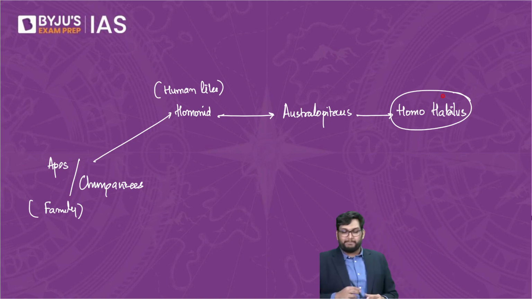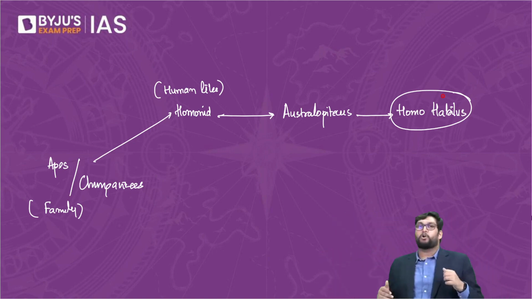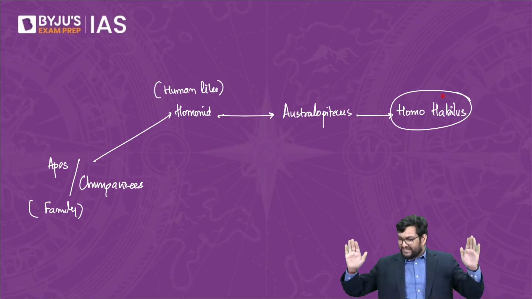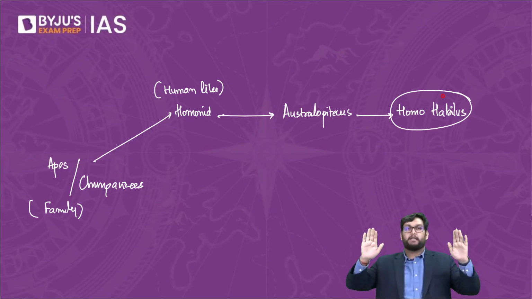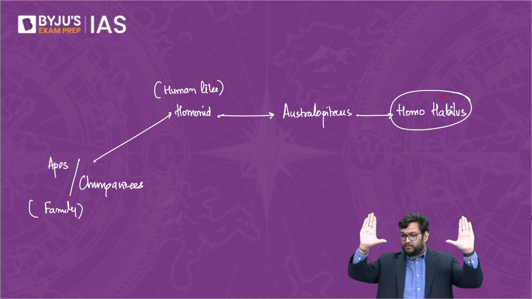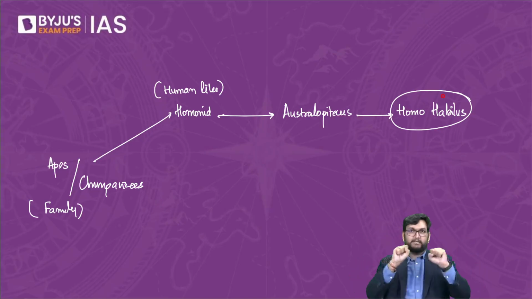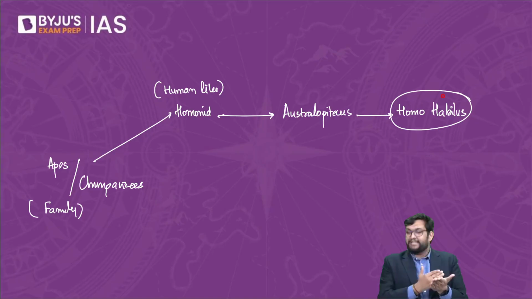Why are they called Homo habilis? Because for the first time, the early humans develop thumbs. Habilis means handyman.